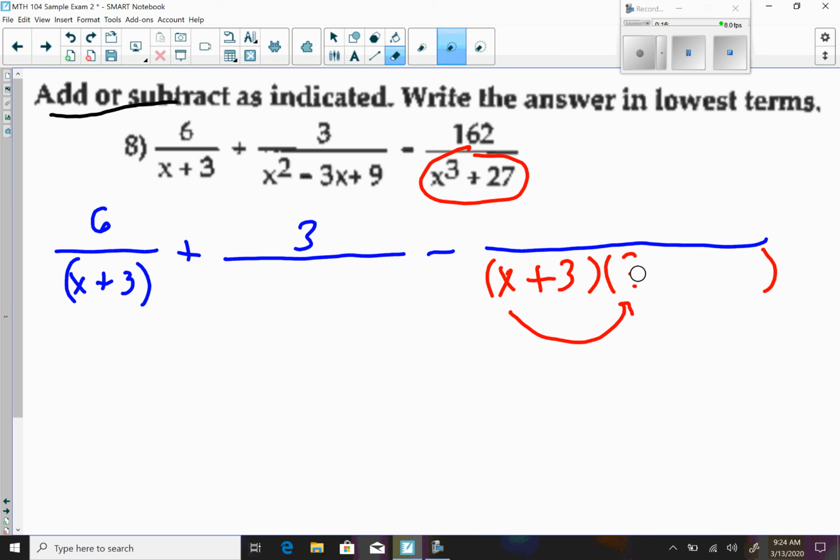So I erase the question mark and write x squared there. Positive 3 times what I write at the end over here has to be positive 27. So I'll write a positive 9 there. The middle term is the product of these two with the opposite sign.